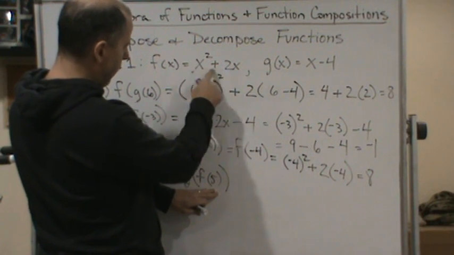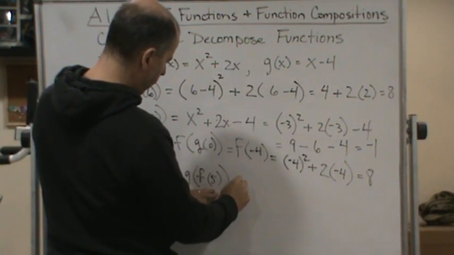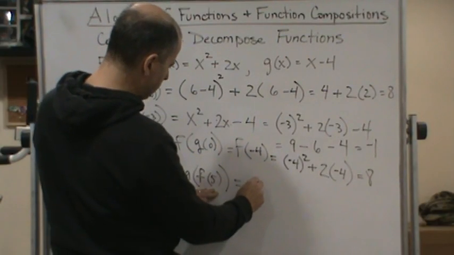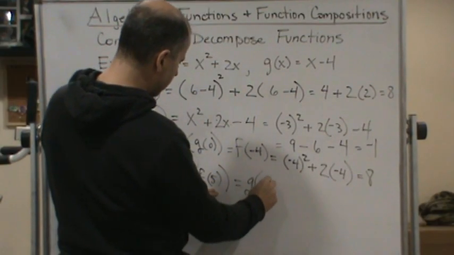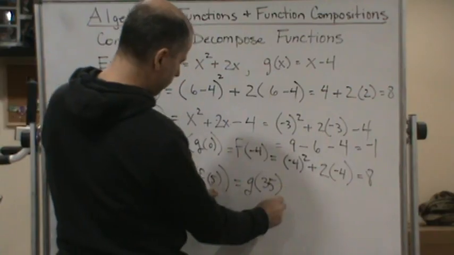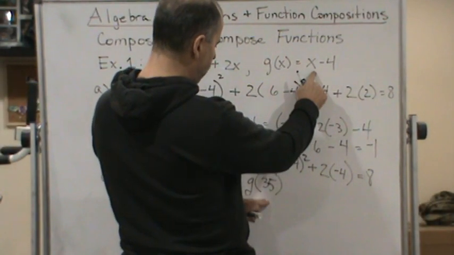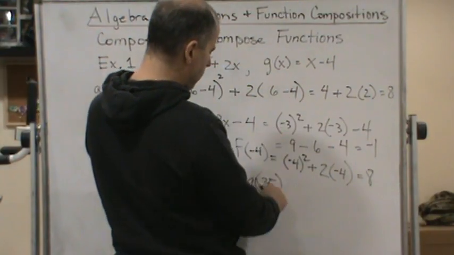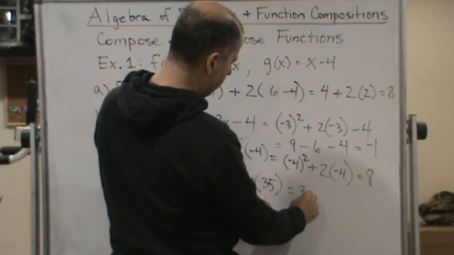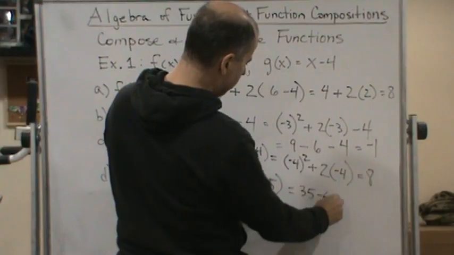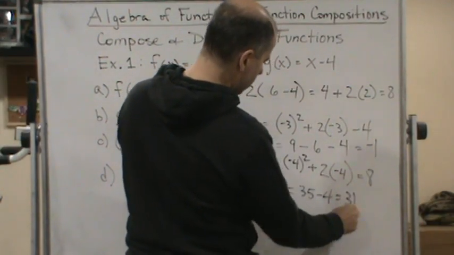So that's 25 plus 10, which is now, so this will equal g of 35. Now, what's g of 35? Well, g of x is x minus 4, so this is just going to equal 35 minus 4, which is going to equal 31.